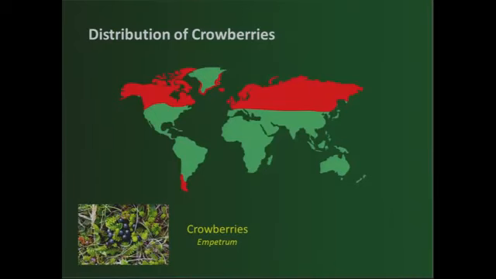Many plants and animals are found only in the northern and southern regions. Crowberries are one example. It certainly can't be said of these that they are found where they are because that's where they evolved.